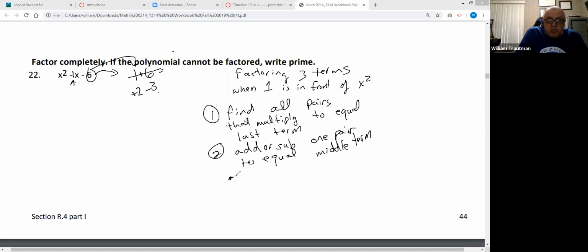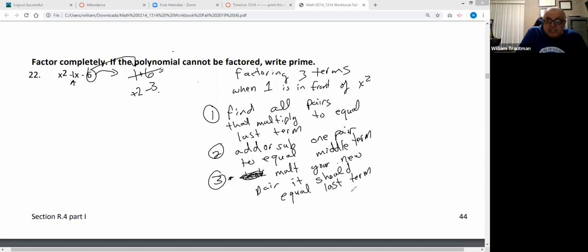And I also want you to check when you multiply your new pair, let's call this step 3, it should equal the last term.